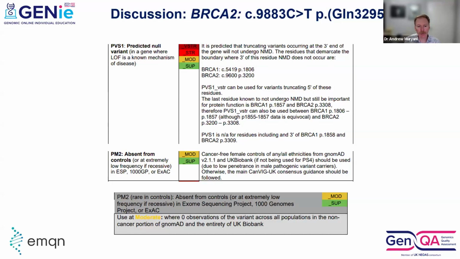And as this variant is completely absent from the gnomAD version 2.1 and 3.1 databases, you can use PM2 at moderate instead of supporting like it is in the ENIGMA guidelines. The CanVIG-UK guidelines do not modify the PM5 to apply to truncating variants like they do for the ENIGMA guidelines. Next slide, please.